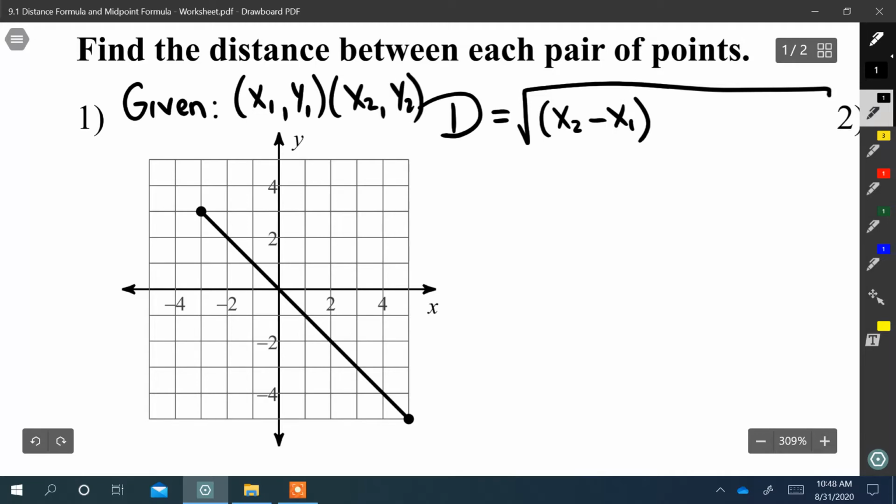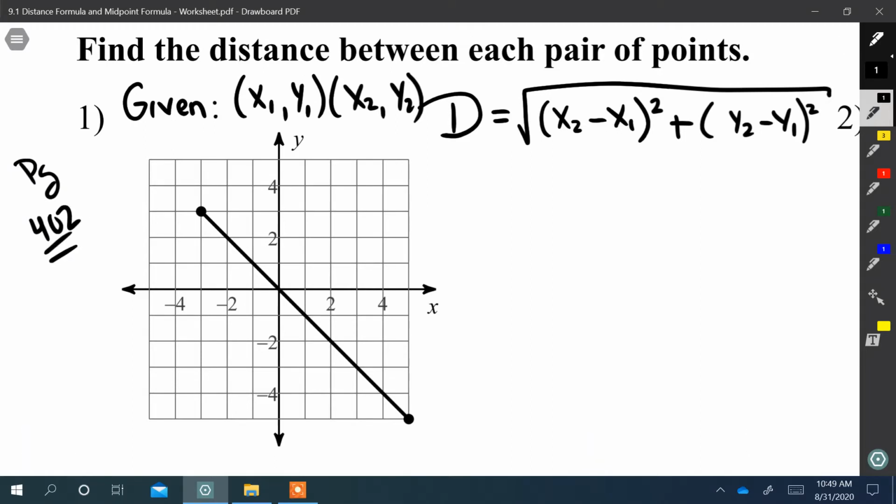Okay, given those 2 points, the distance formula is the following: the square root of x2 minus x1 squared plus y2 minus y1 squared. Where can you find this? On page 402. Okay, that is the distance formula. It says in the book, distance formula, the distance between those 2 points.